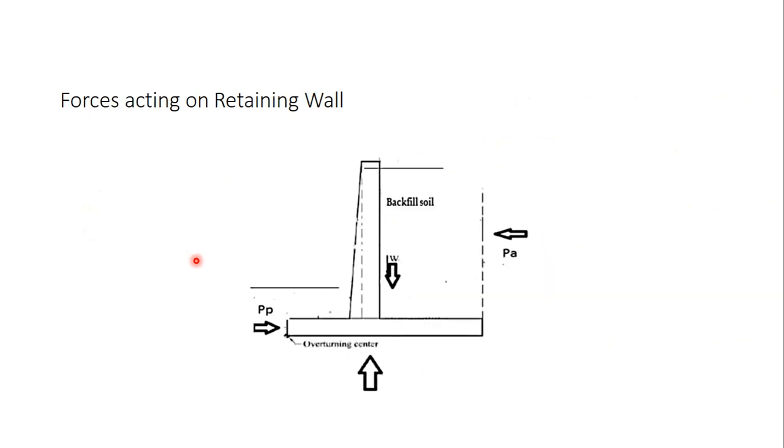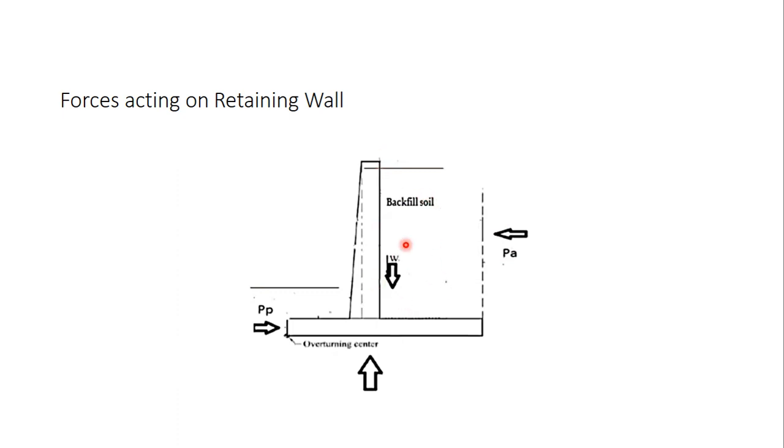Okay. Now let us look at what are the forces acting on a retaining wall. So this is a figure of a cantilever retaining wall. As you can see on the right hand side, I have got something called PA. So PA is actually the active earth pressure. This active earth pressure is exerted by the backfill soil onto the retaining wall.